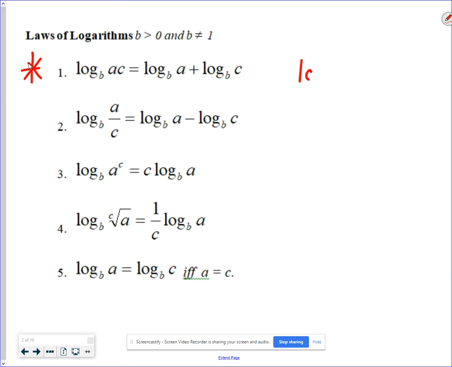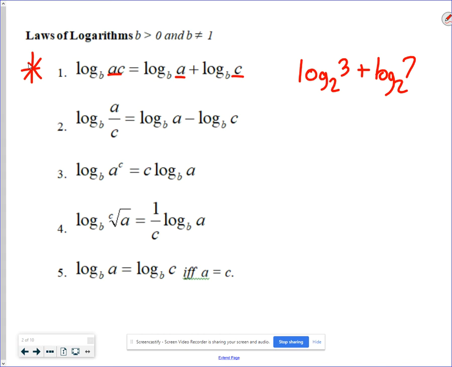So if I had like log base 2 of 3 plus log base 2 of 7. If I'm adding 2 logarithms and the 2 logarithms have the same base, to add them together, I would multiply these numbers together.